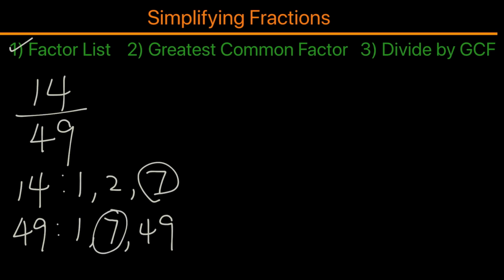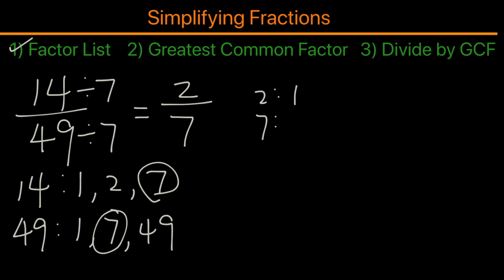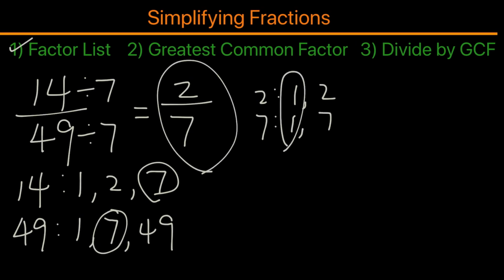Greatest common factor is 7. Dividing by 7, we get 2 over 7. And then final check, factors of 2 are 1 and 2, factors of 7 are 1 and 7. So that's the answer.